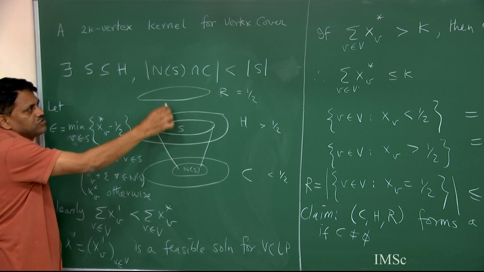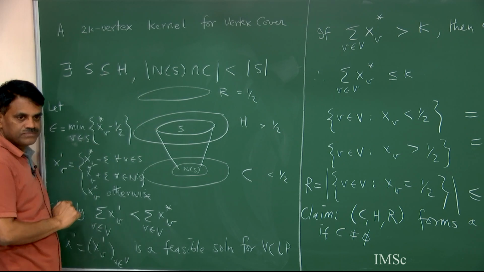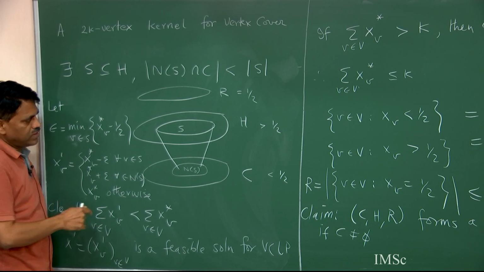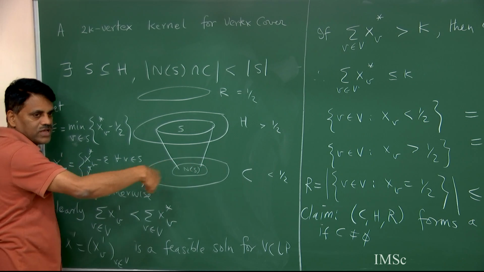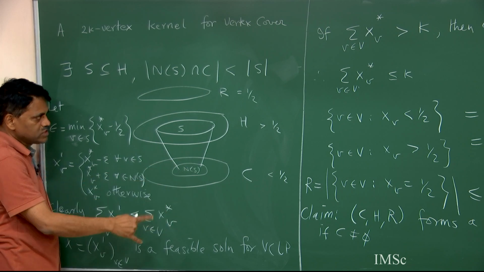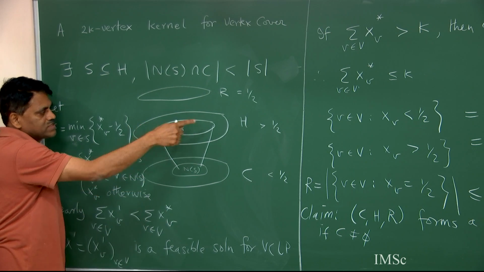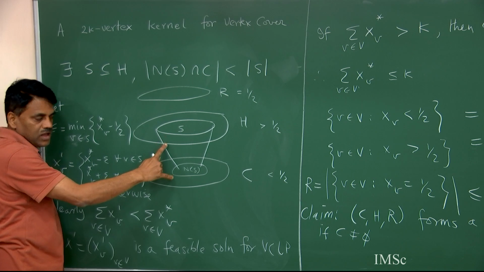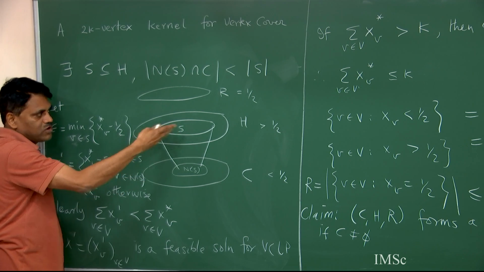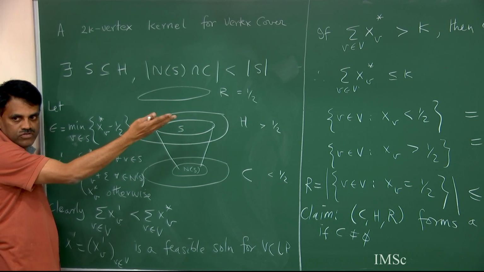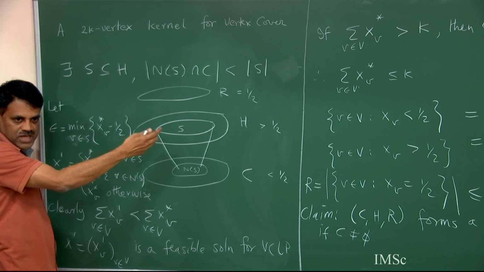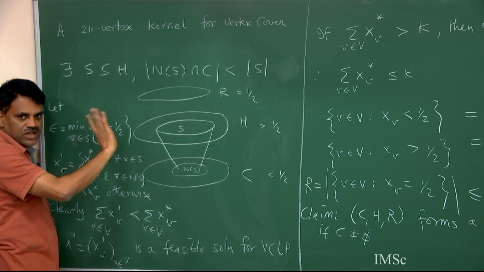So any edge of this type, half is fine. This is independent anyway, so whatever you do, there are no edges. So you really have to worry about edges inside and edges here. Edges inside again no problem, because each vertex value remains greater than or equal to half.